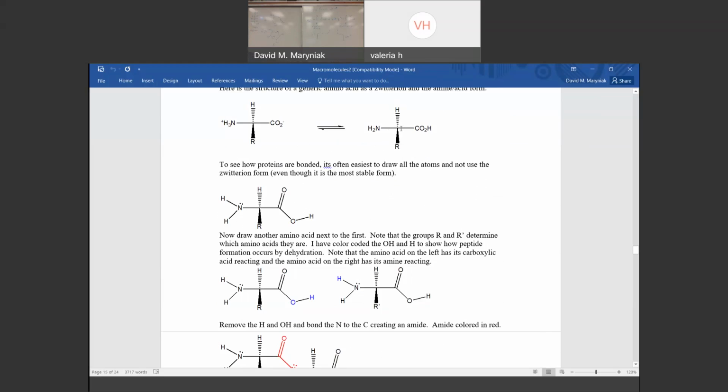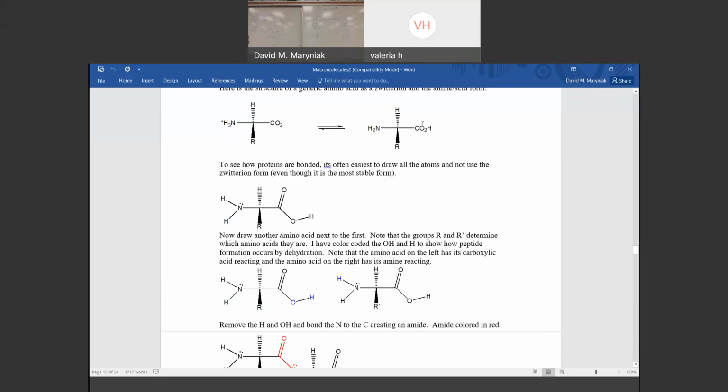One thing about amino acids is these would be neutral forms. This is truly neutral in the sense that there's no charges anywhere. But as we saw last week, this amino group has basic tendencies and this carboxylic acid has acidic tendencies.